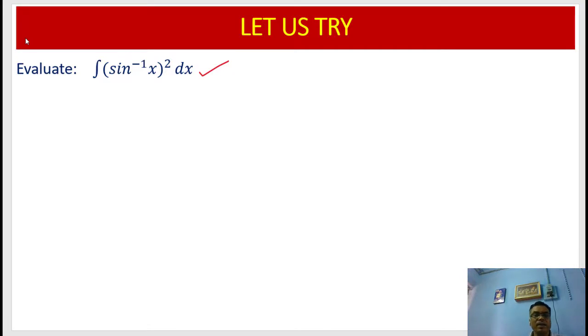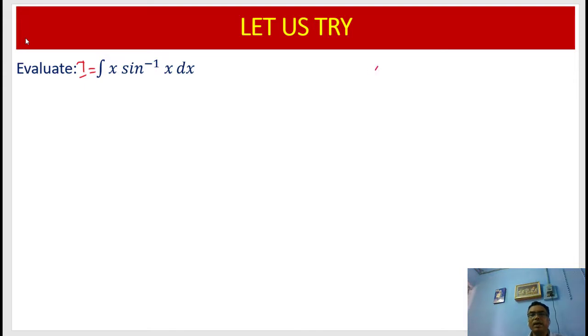In that way you shall do this integration. This is x sin inverse x. Yes, you do the same thing as in the case of only sin inverse x. I write I for this.